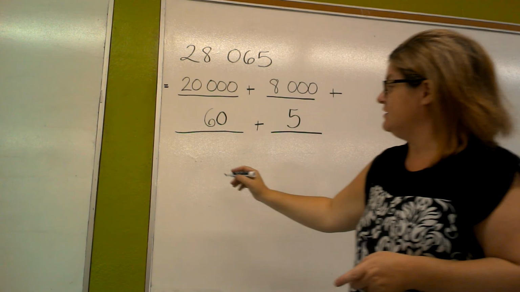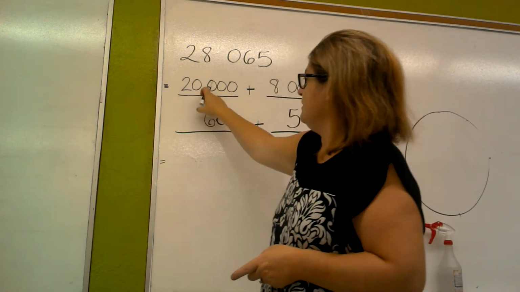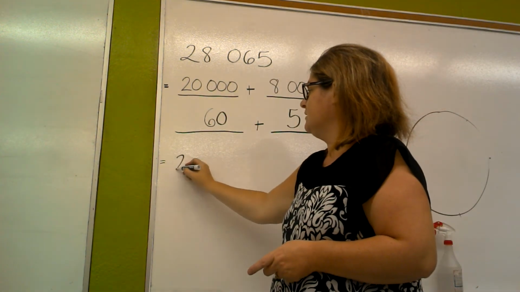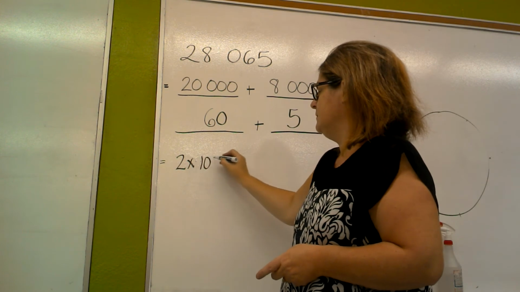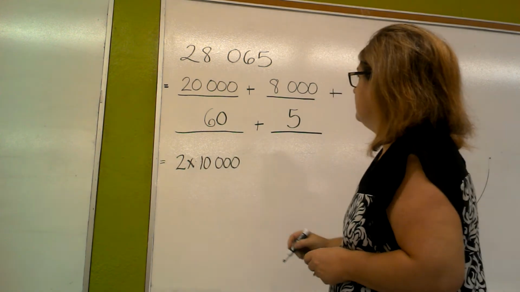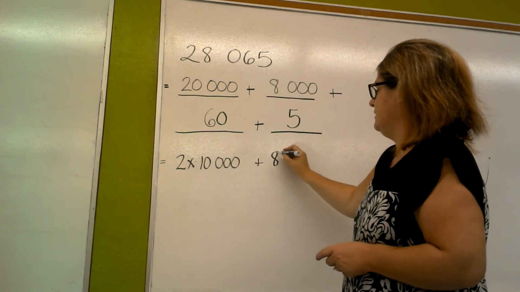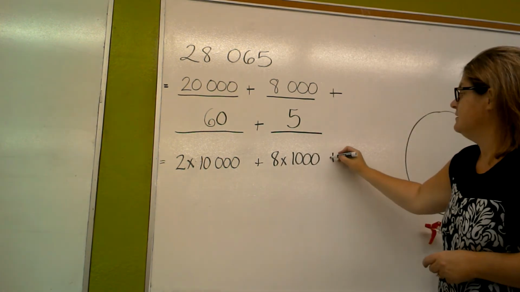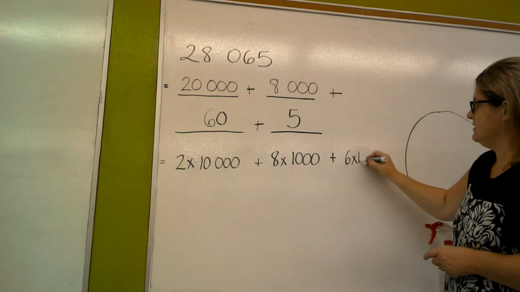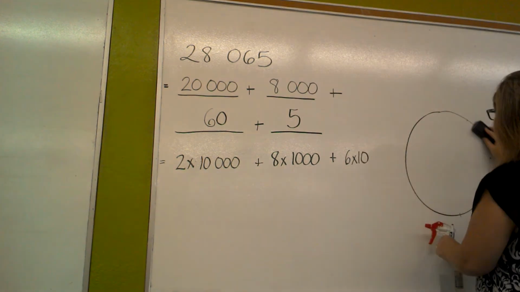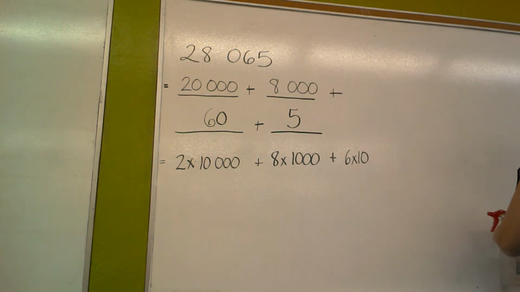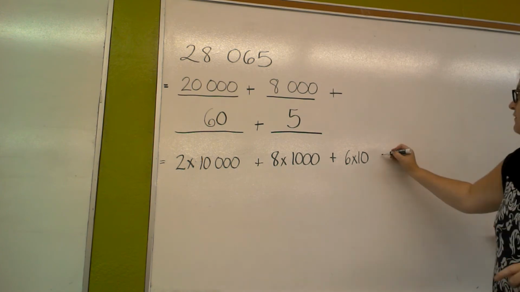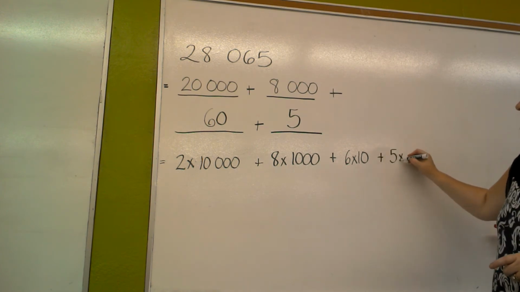We're going to move on to the next step, which is taking 20,000 and recognizing that it is 2 times 10,000, and 8,000 is 8 times 1,000, and 60 is 6 times 10, and finally we have the number 5, which is 5 times 1.